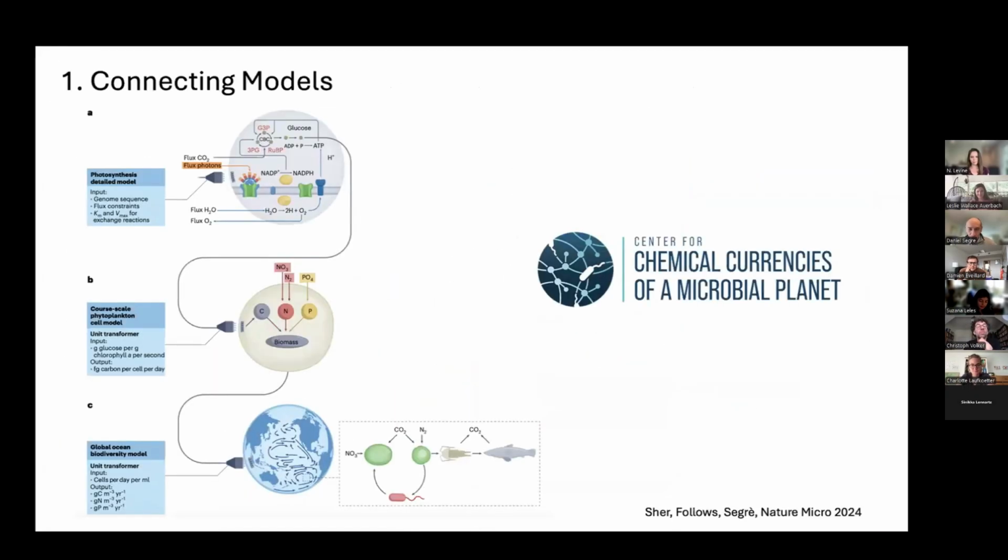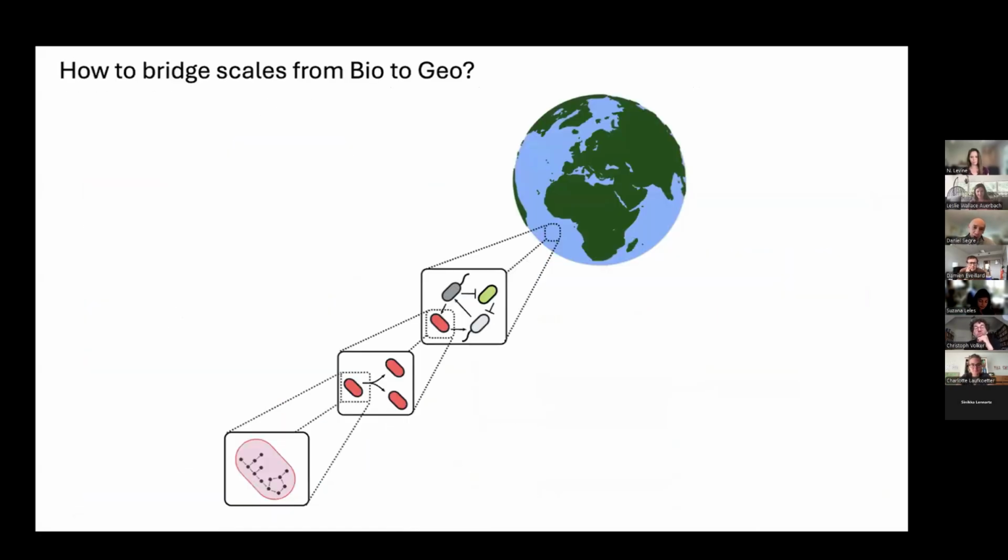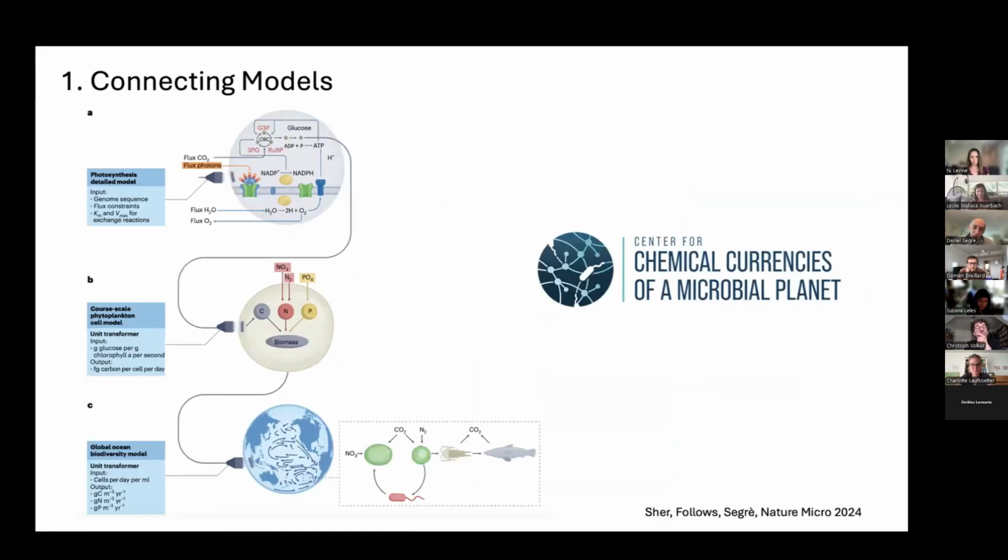I will just jump to a few concluding thoughts on how to actually bridge the scale. One avenue that will be very important is connecting models of different scale. This is something we're actively exploring.